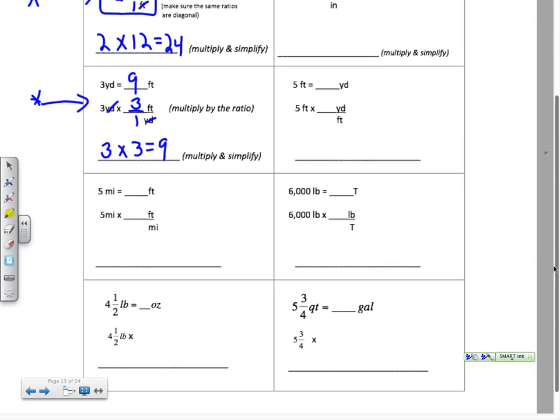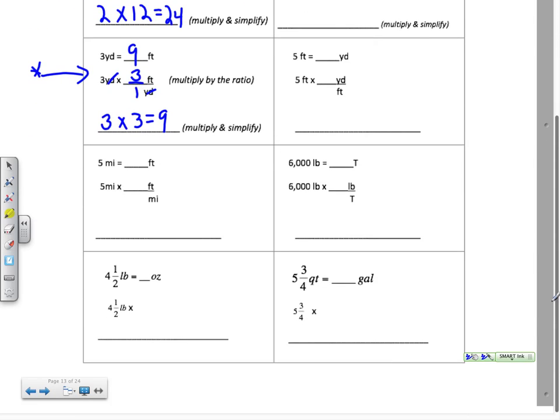Okay, the next one, we are changing miles to feet. That was number 2 up there, so this is number 3. 5 miles equals blank feet. Well, we start with our 5 miles times, and I have to know my ratio of feet to miles. If you look at your chart, you'll see that there are 5,280 feet in 1 mile. So this was my ratio.